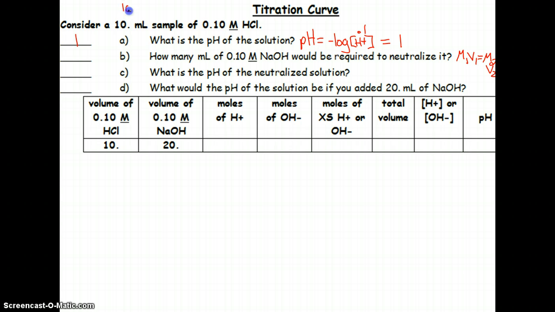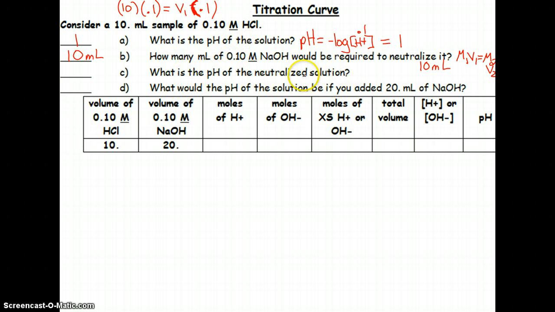Basically, you have 10 mL of the 0.1 molar hydrochloric acid, and you want to know what volume of the 0.1 molar NaOH you're going to need. It's the same thing, 10 mL. So you need 10 mL of the NaOH to neutralize that amount of acid.